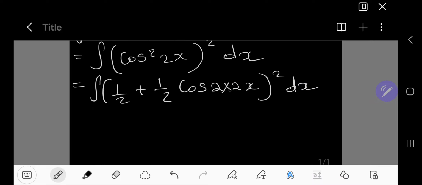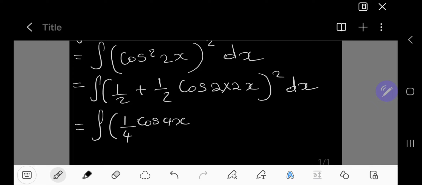Now this is going to be 4x, and we're going to FOIL this. So let's FOIL that. I forgot, we would start with 1 over 2 times 1 over 2, which is 1 over 4.